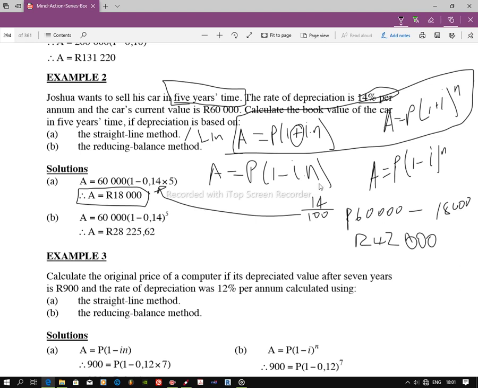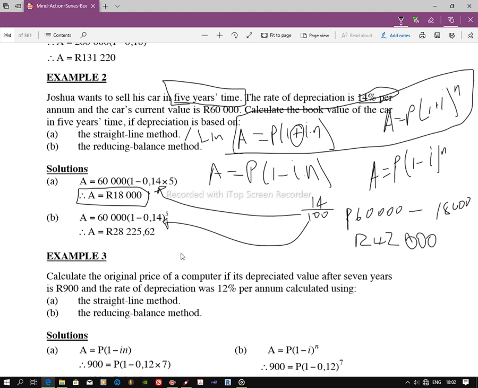So our present value P is 60,000, and our interest in decimals, we just divide by 100, and we get 0.14. Substitute the value of n, which is 5 years, and in the reducing balance method, it depreciates by 28,000.